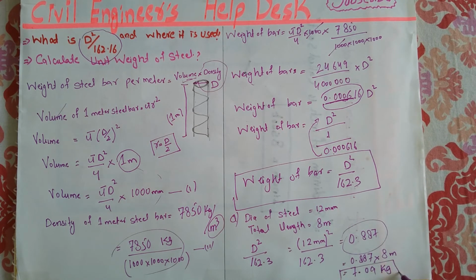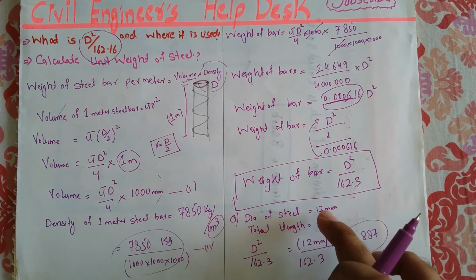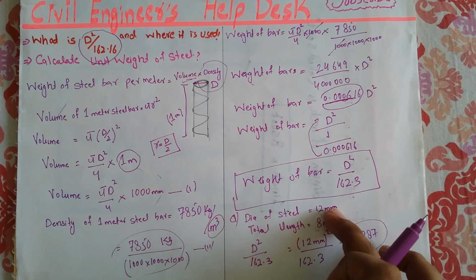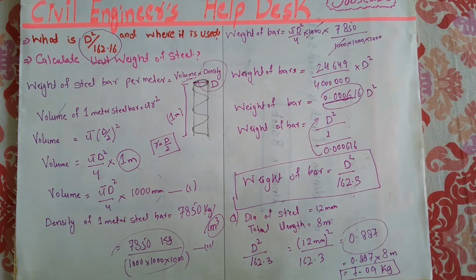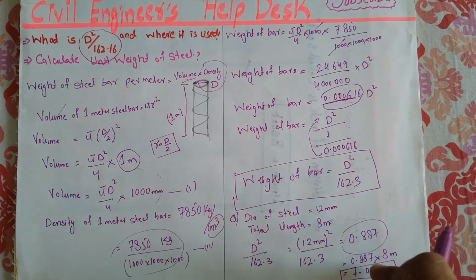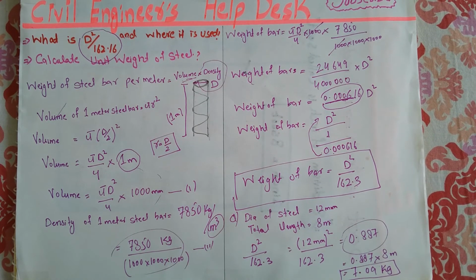It means for this example we need 7.09 kg steel, in which the diameter of bar is 12 mm and the total length of steel required is 8 meter. This is how we engineers use this formula and calculate steel.